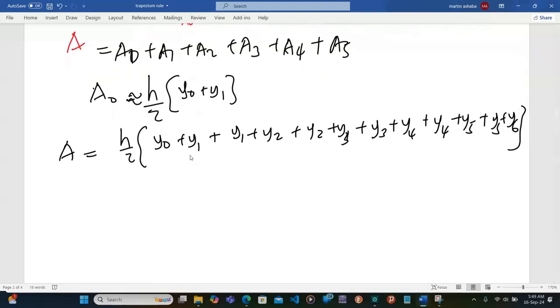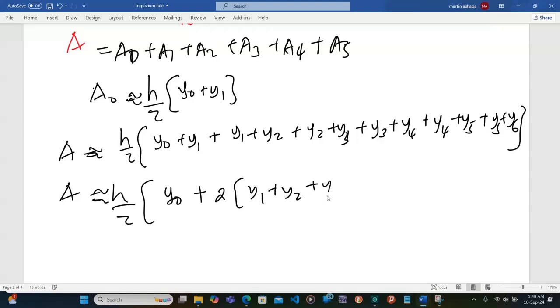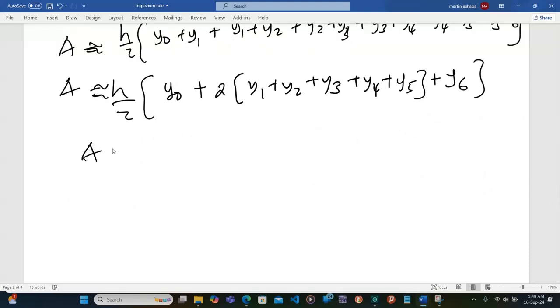What do I see here? y1 appears twice, y2 twice, y3 twice, y4 twice, y5 twice. So A is going to be approximately h out of 2 into y naught plus 2 into y1 plus y2 plus y3 plus y4 plus y5, then plus y6.